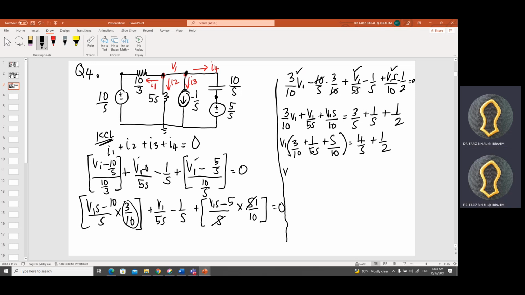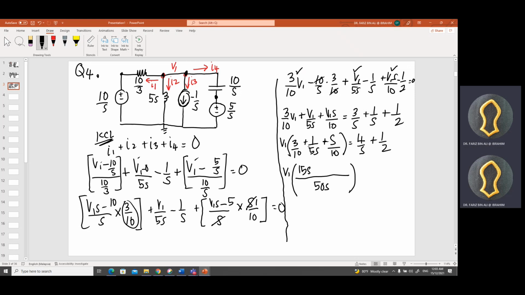Now, what I want to do, inside the bracket here, make it 50S. So the first part here, 3, it becomes 15S. Okay, 5, 3, 10.